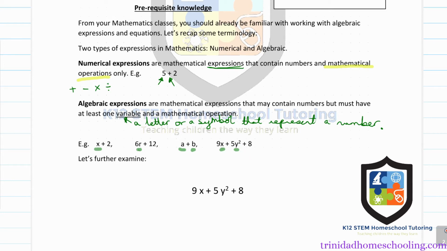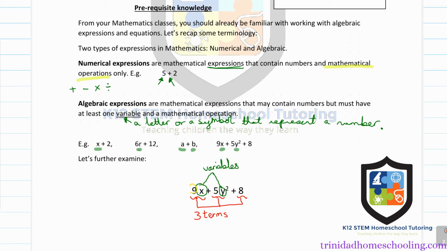Now let's further examine 9x plus 5y squared plus 8. Each one of these here that are separated by a mathematical operation is called terms. Alright, so in this case here we have 3 terms. And your x here and your y here are called, we just spoke about that, variables.